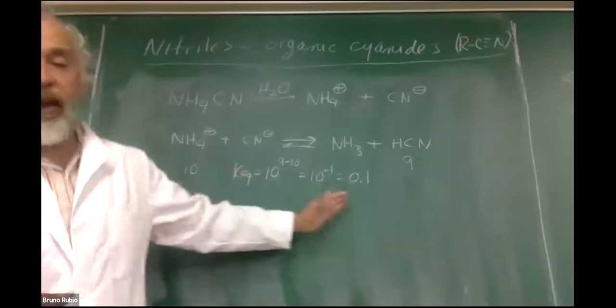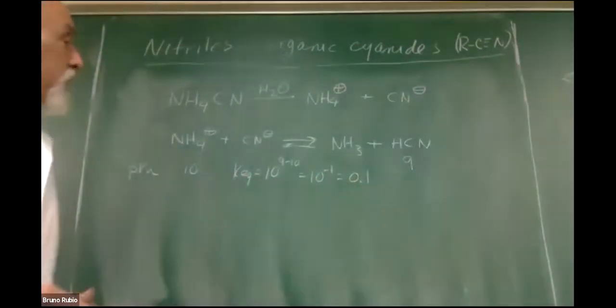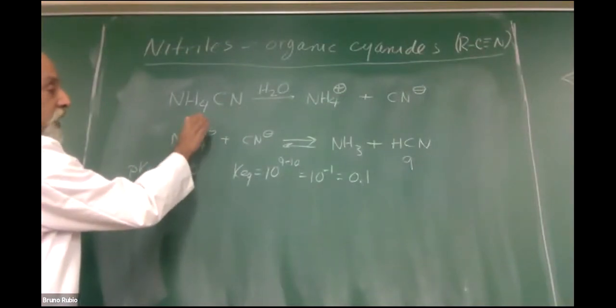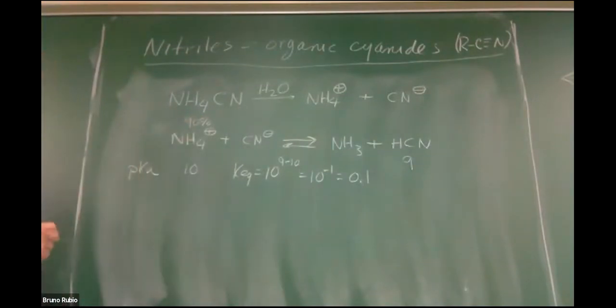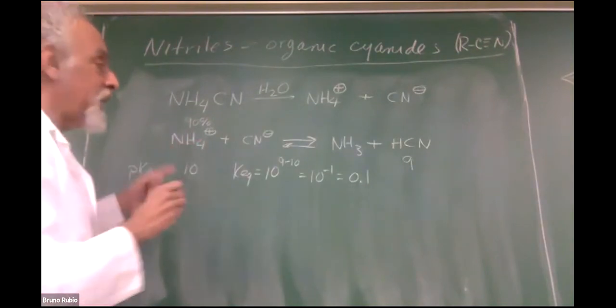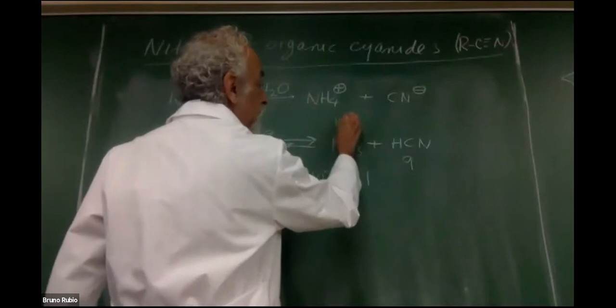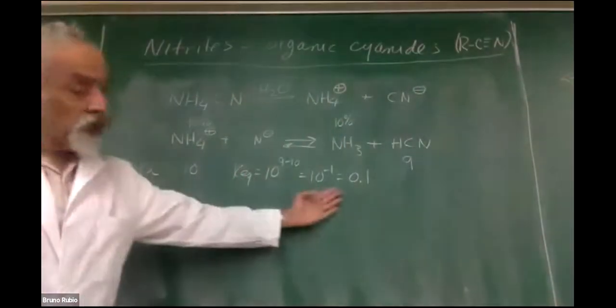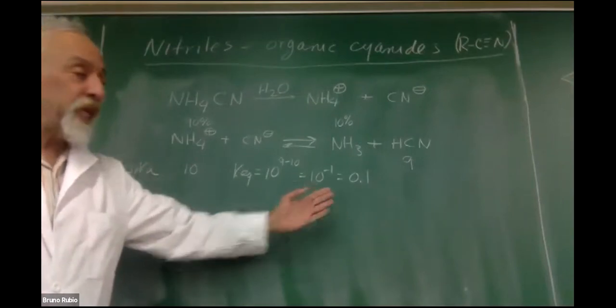And so if you work out all of these numbers, it turns out that in these solutions, 90% of the nitrogen is bound up as ammonium ion, and 10% is bound up as ammonia. So that's what this equilibrium constant of 0.1 means.